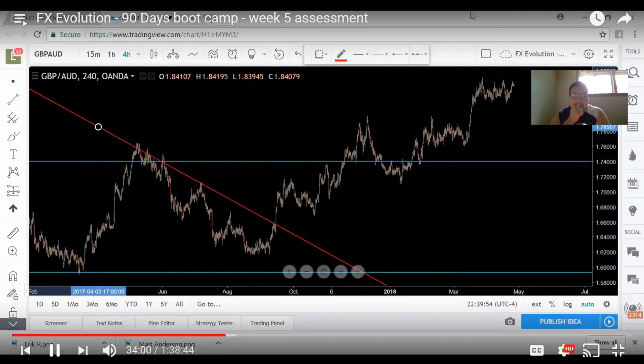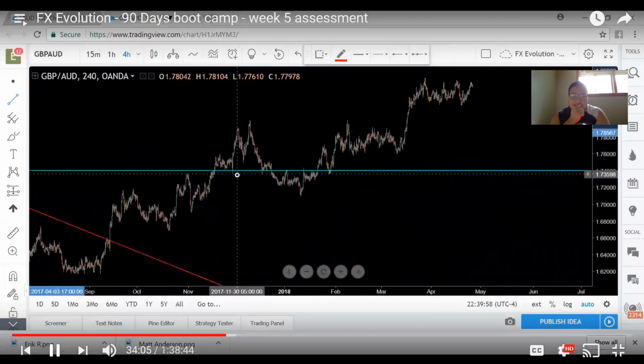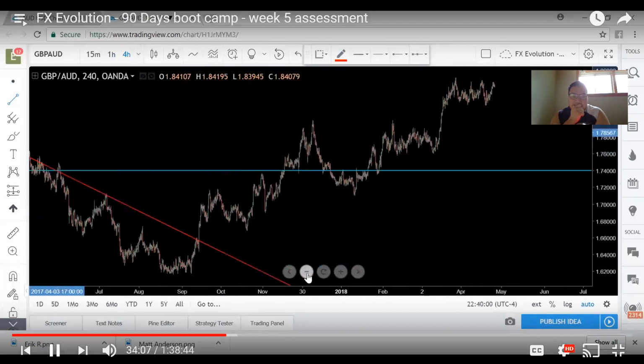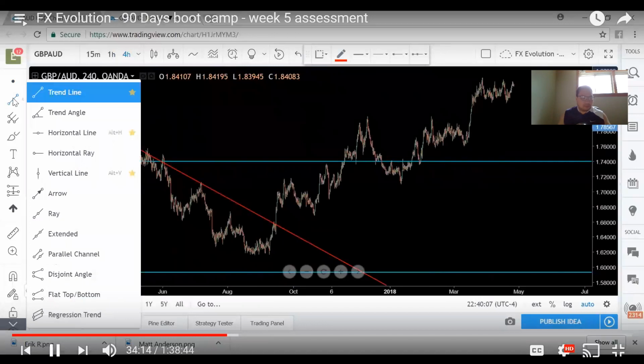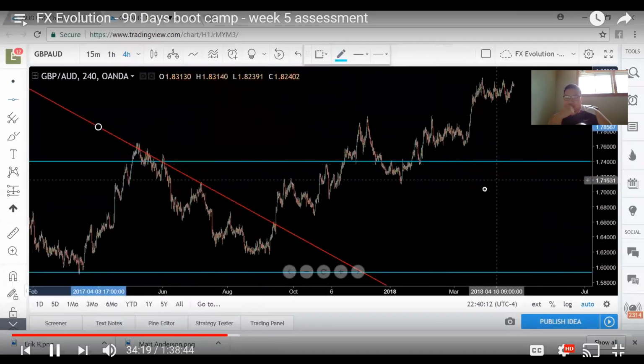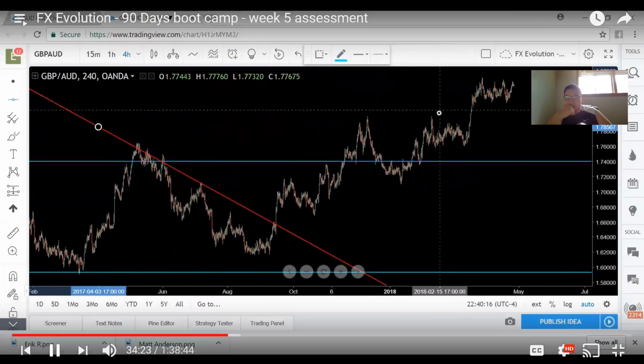So above and below what? Market, wherever market price is now, above and below that. Okay, gotcha.